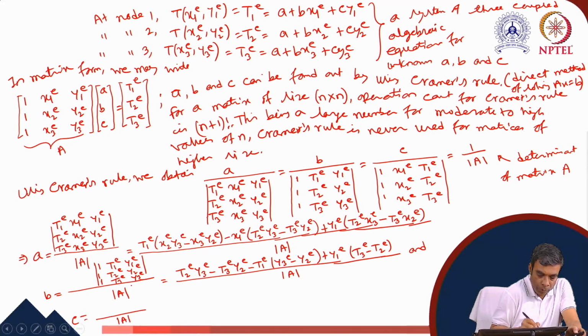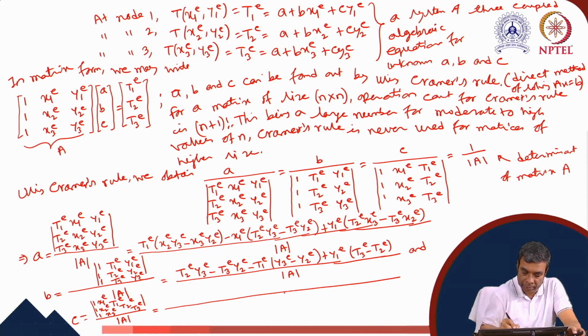And similarly C equals the determinant of [1, x1e, T1e; 1, x2e, T2e; 1, x3e, T3e].